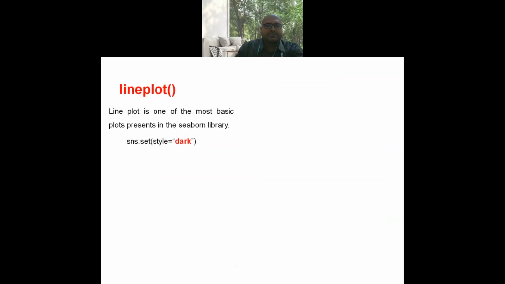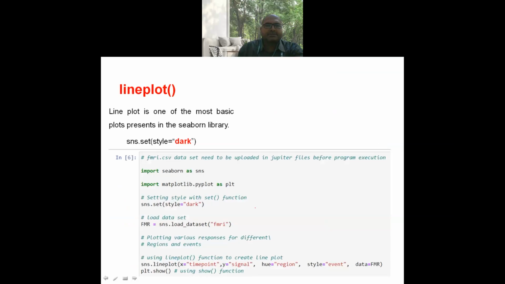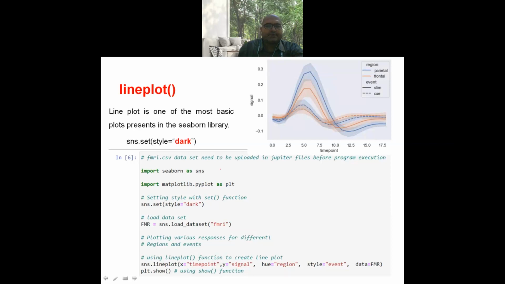The next is the line plot. For that, once again, import libraries and load the dataset to the variable fmri. With the help of sns.lineplot, using this particular syntax, you can plot the line plot using the Seaborn library.